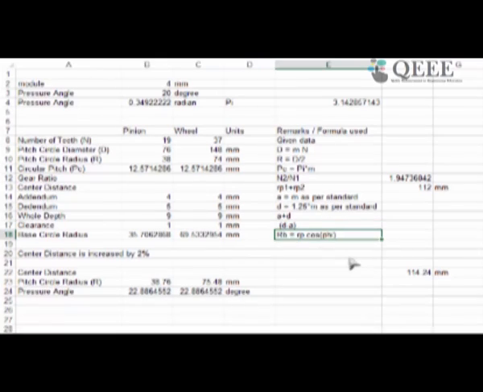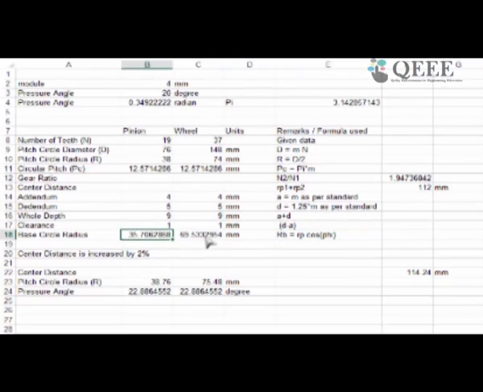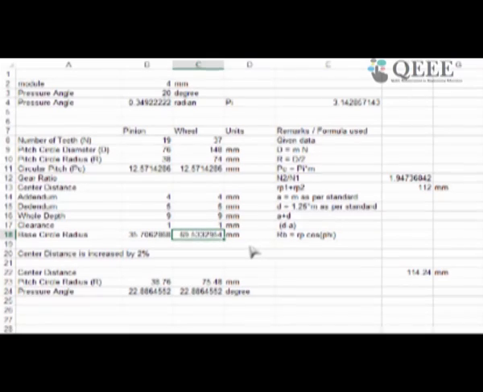The base circle radius, which is the cosine of the pressure angle multiplied by the pitch circle radius, is coming out to be 35.7 and 69.5 respectively. So this is the nominal dimension. These are the dimensions which are supposed to be present in the gears as per the designer's recommendation.